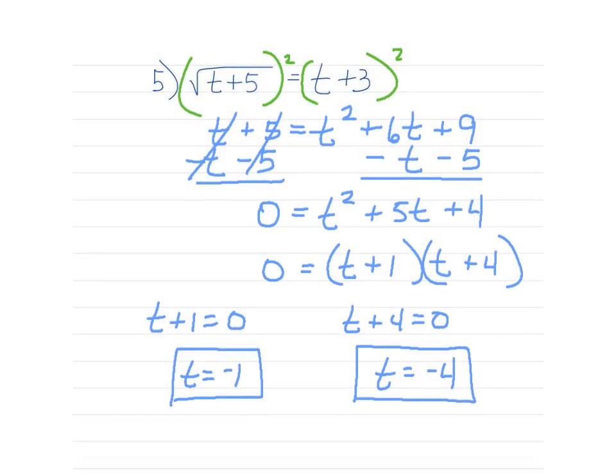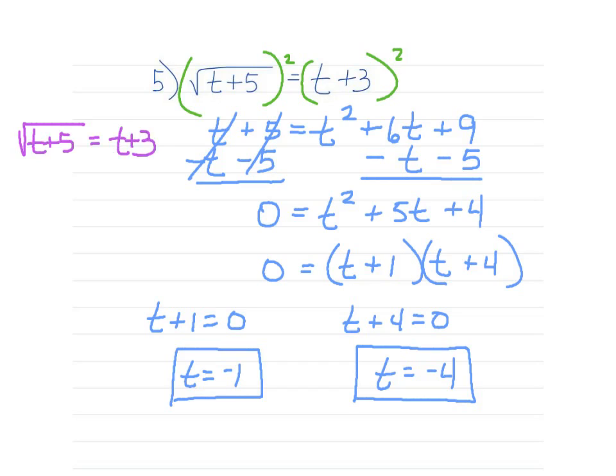So let's try this. I'm going to check for negative 1 first. So what I'll do is plug it into my original equation. And let me write the original equation here. Radical t plus 5 is equal to t plus 3. That was my original equation.